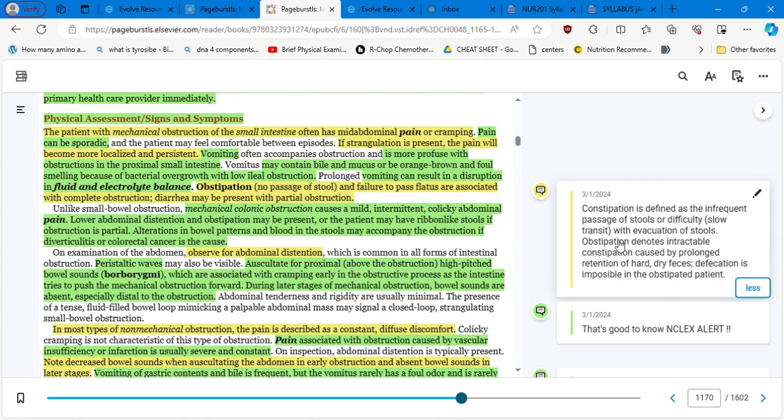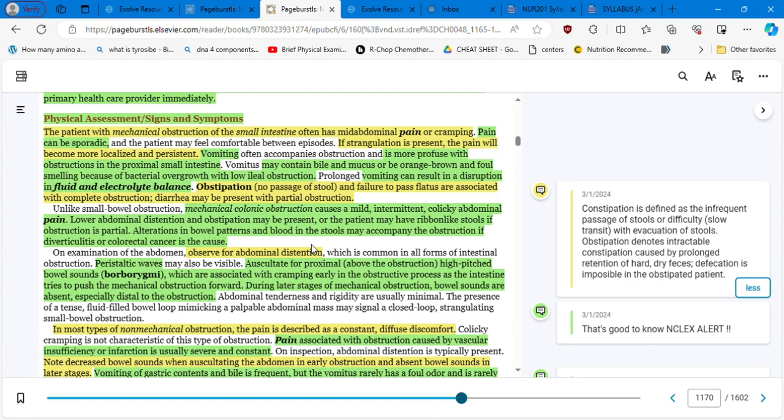So obstipation is the complete stop of bowel movement and elimination. No more elimination. But constipation is going to be infrequent passage, okay? You can have periods of normal passage, then slow bowel movement, and then you stop for a certain period, okay?